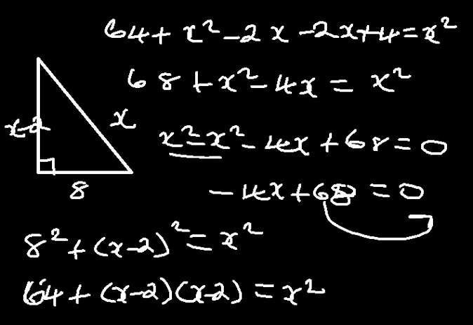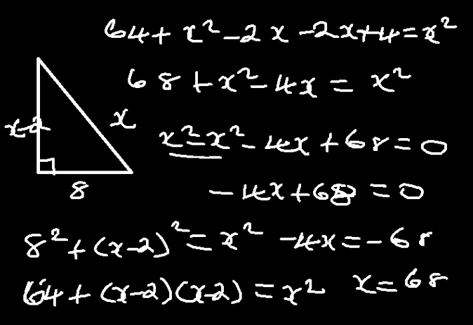Then we'll bring this to the other side, that will be given as negative 4x is equal to negative 68. Now what is x? We'll have it as 68 divided by 4, because the negatives have cancelled. So what is 68 divided by 4? Now 68 divided by 4, we'll have it as 17. So the value of x is equal to 17.